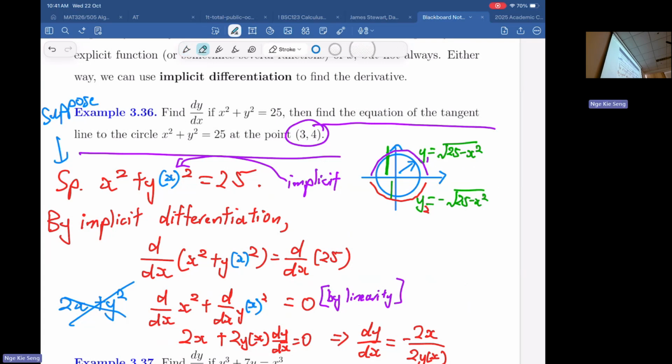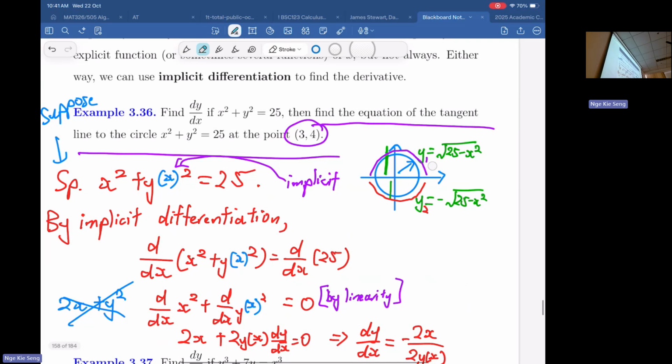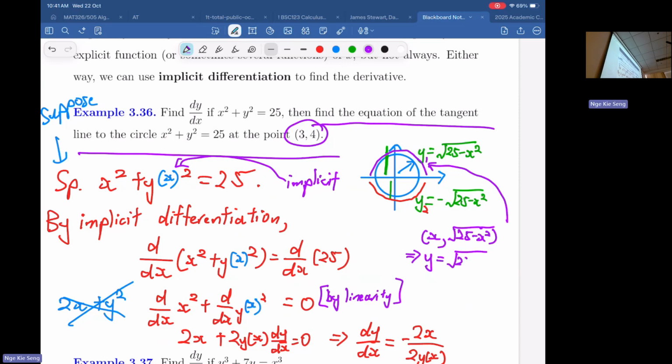What color should I use? How about purple? If I check this point, it is x comma square root of 25 minus x squared. So y will be equal to the square root of 25 minus x squared.